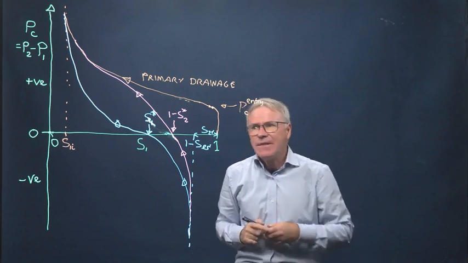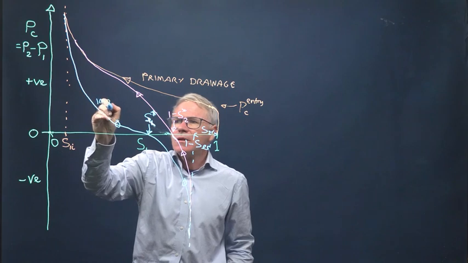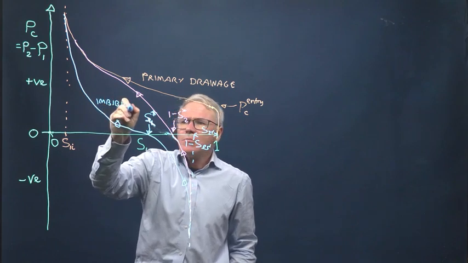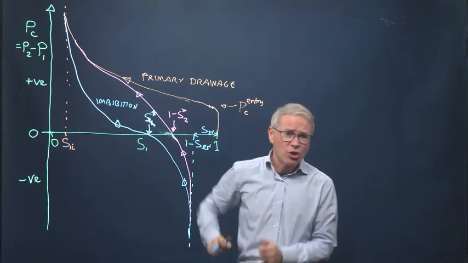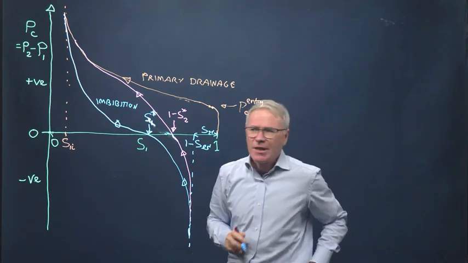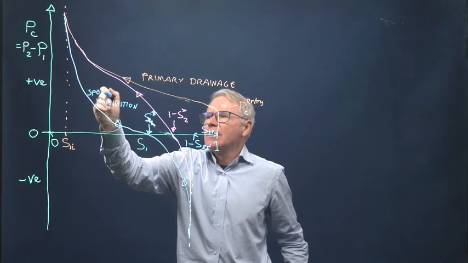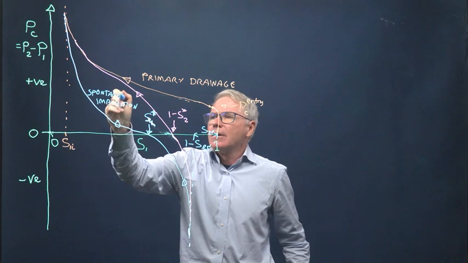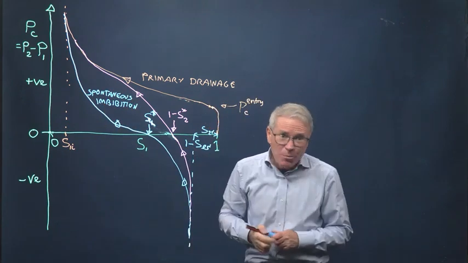So how do we define these? Well, what I would call this is imbibition. But just to make that clear, because sometimes people still confuse it, imbibition is not just water flooding. No, it isn't. This is spontaneous imbibition. Now, the spontaneous here is a little bit redundant.